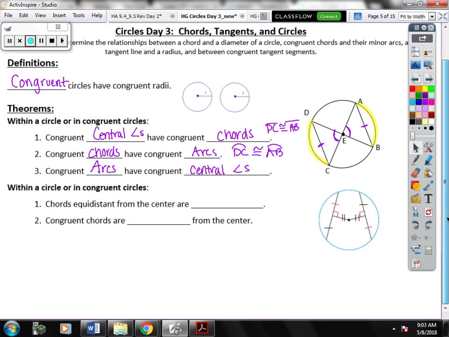All right. Another theorem says within a circle or in congruent circles, chords equidistant from the center are also going to be congruent. Remember that equidistant just means equal distance from.